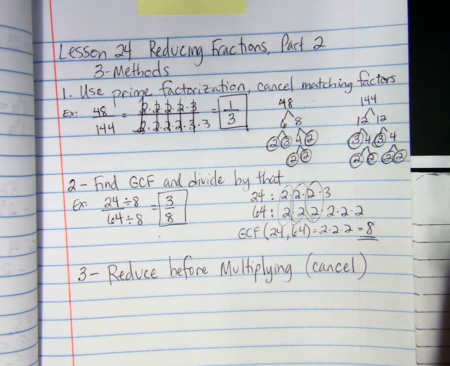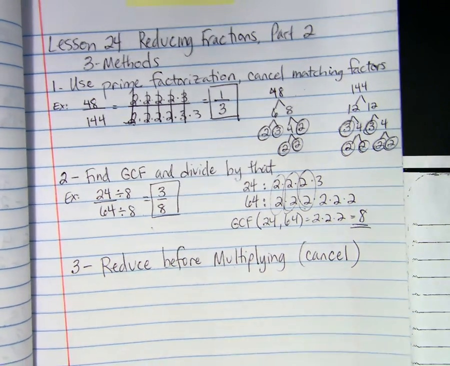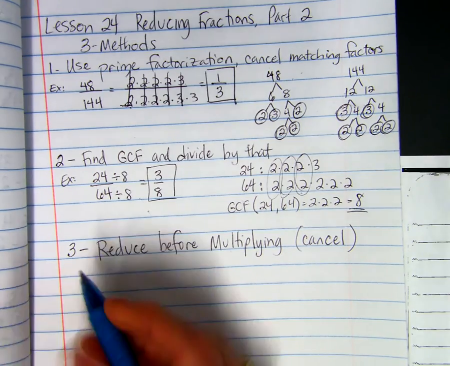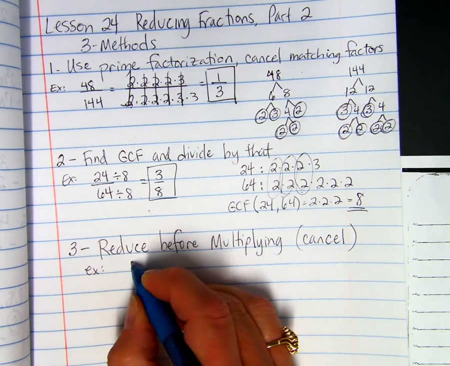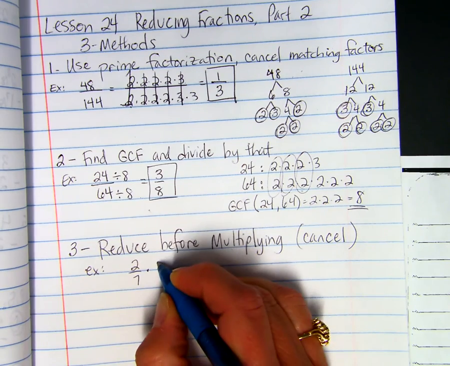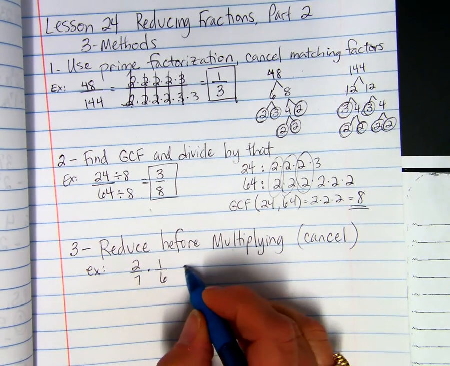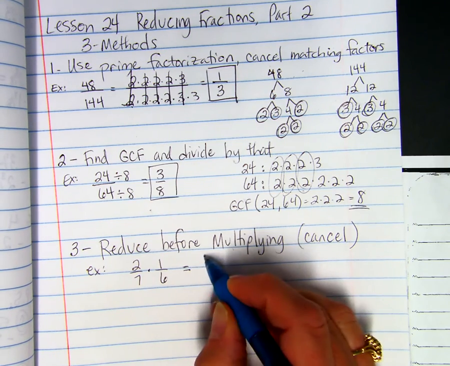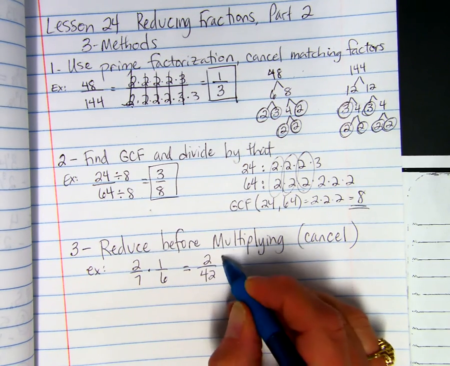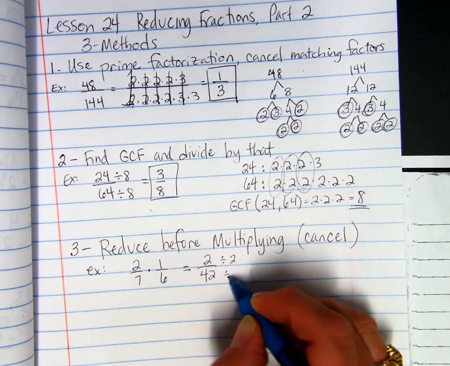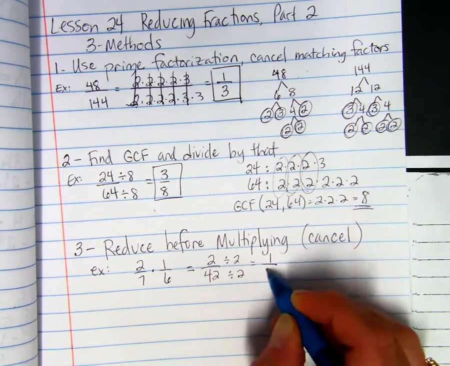I love to just cross things out. So let's say that you were multiplying, here's an example, 2/7 times 1/6. If you just multiplied straight across, you'd get 2/42, then you would have to reduce to get 1/21.